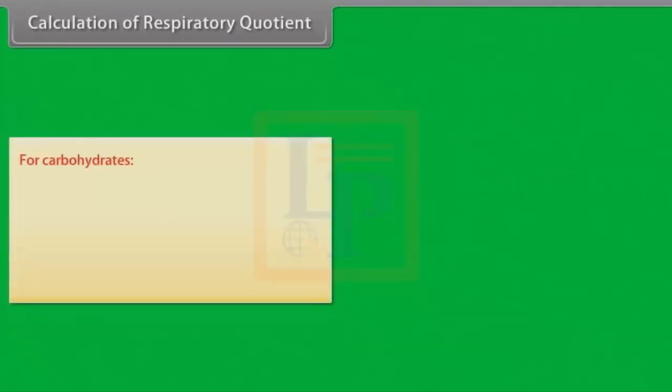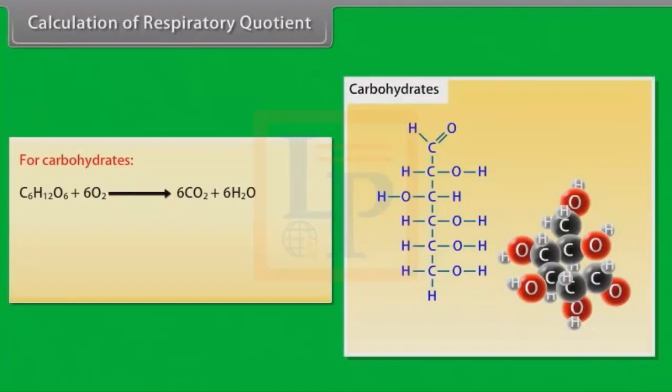Calculation of respiratory quotient. For carbohydrates, C6H12O6 plus 6 O2 gives 6 CO2 plus 6 H2O. The respiratory quotient can be calculated as 6 CO2 divided by 6 O2, which is equal to 1.